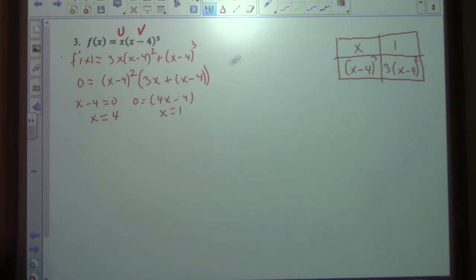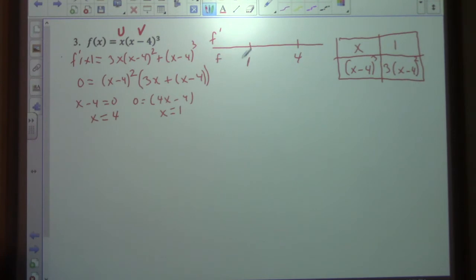Mm-hmm. Yeah. So now we're trying to find the relative minimums and maximums. So if we go to 1 and 4 right here, here's 1, here's 4, and we're going to put f prime and f down here.